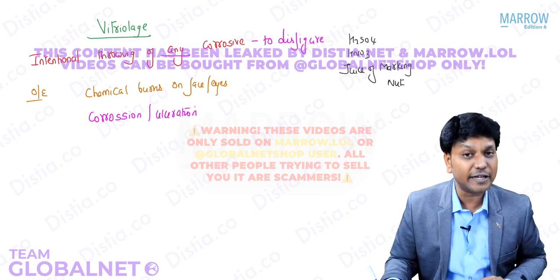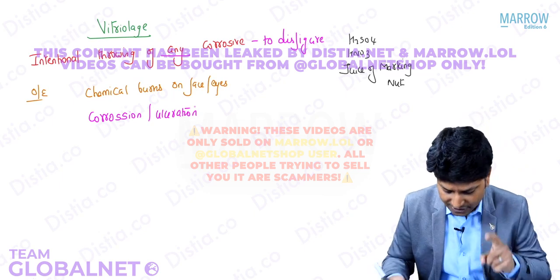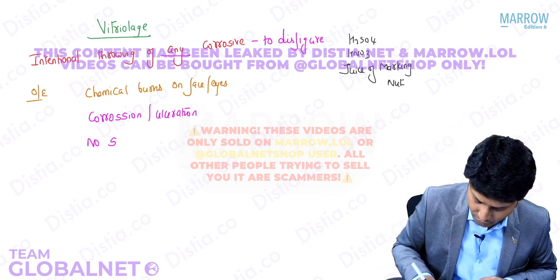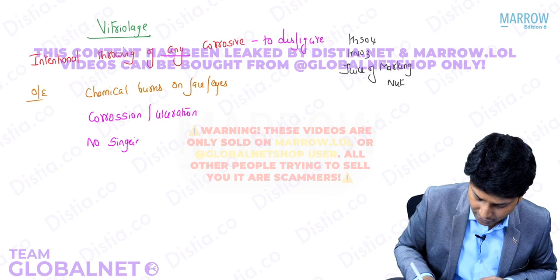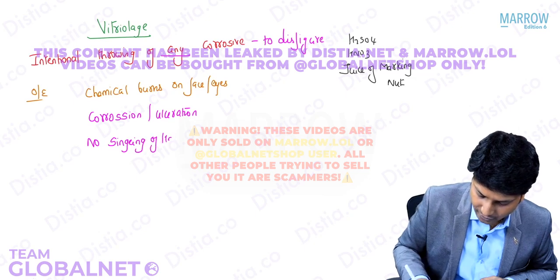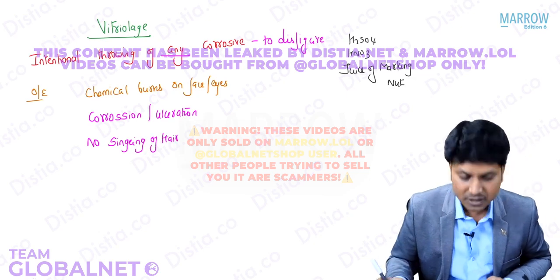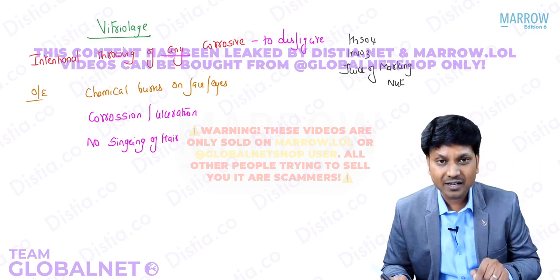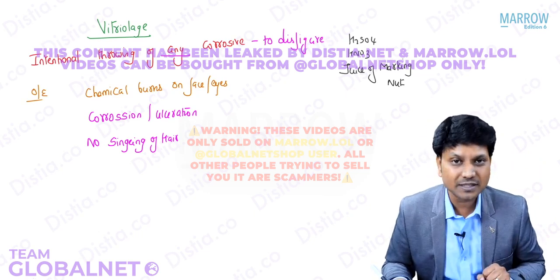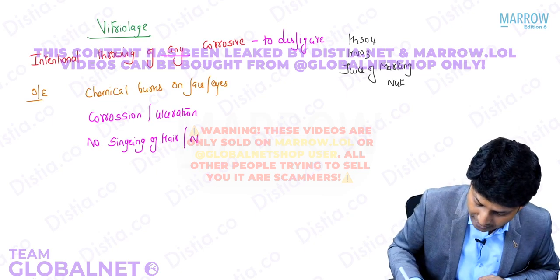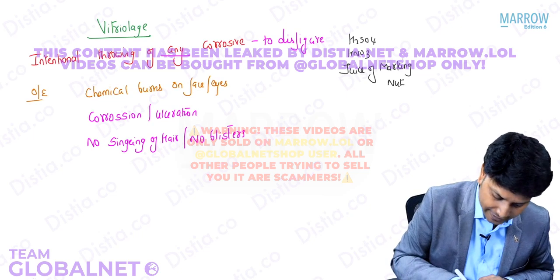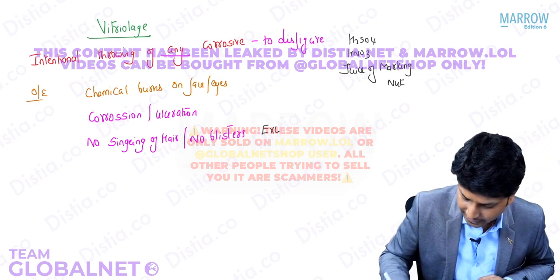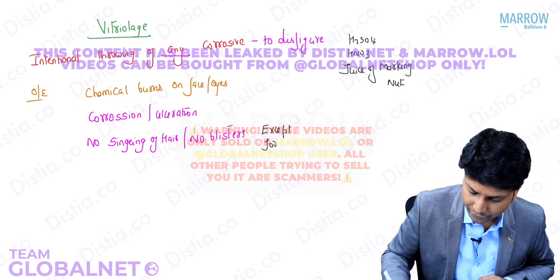But what is not seen? Do remember, friends, there is no singeing of hair, because in a case of burns we can see singeing of hair, but in corrosive burns there is no singeing, and there are no blisters, except with formic acid.